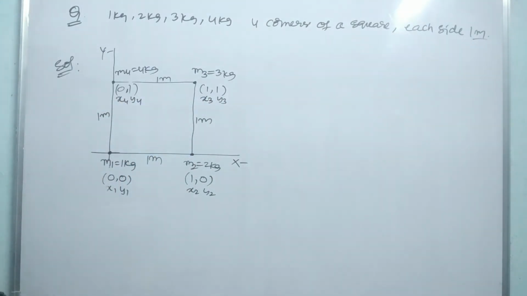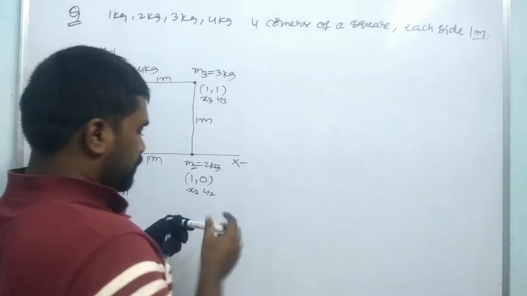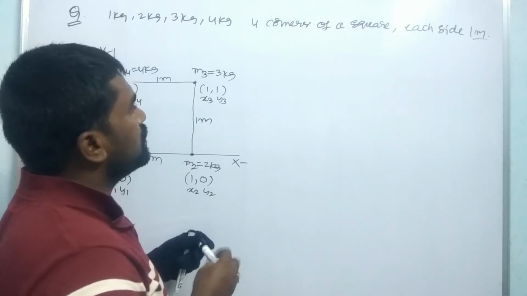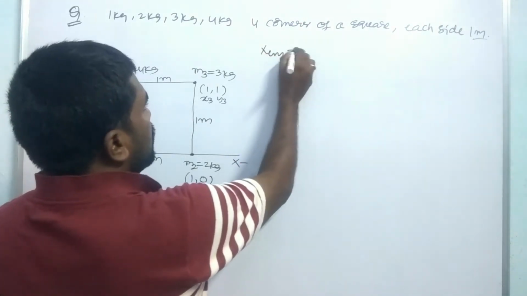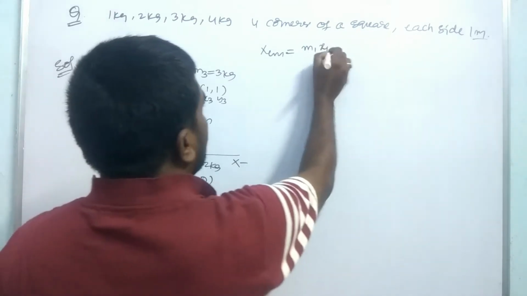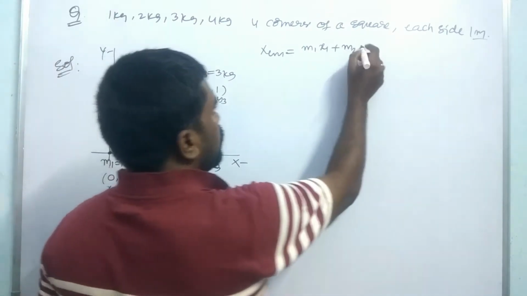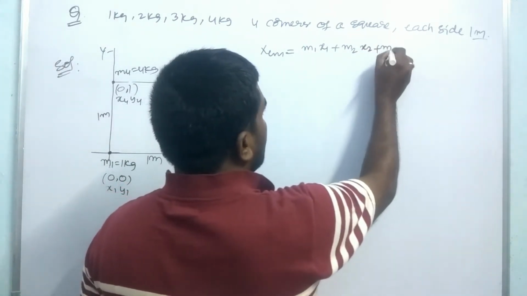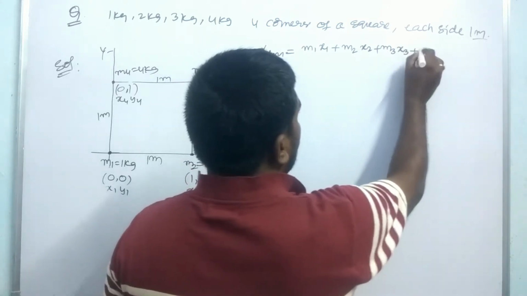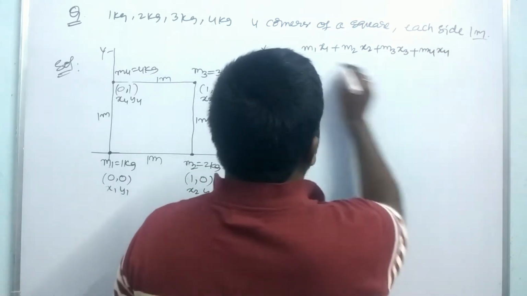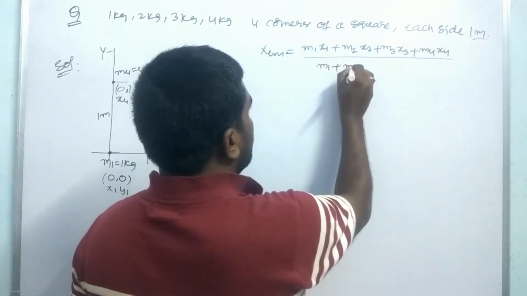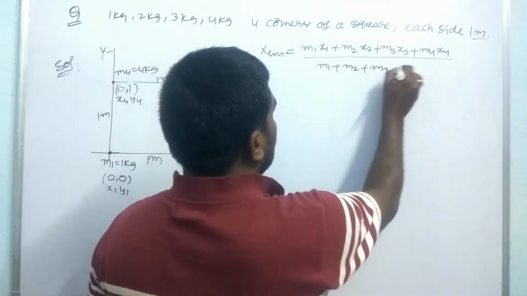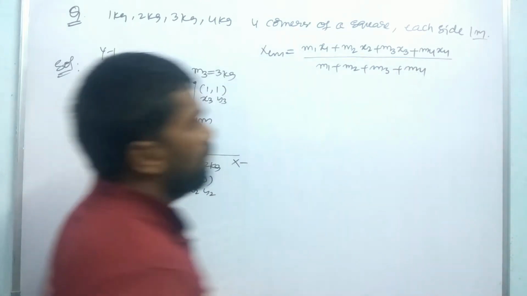So let us simply find xcm and ycm here. You can write that xcm is equal to m1 x1 plus m2 x2 plus m3 x3 plus m4 x4 by m1 plus m2 plus m3 plus m4.